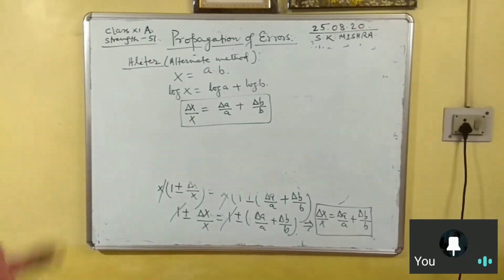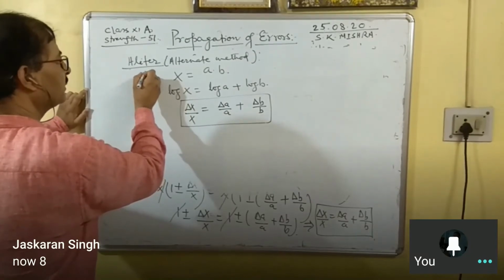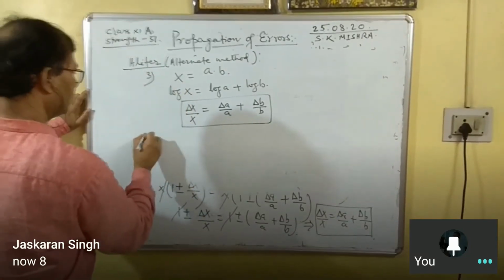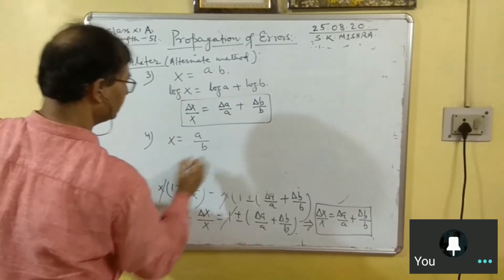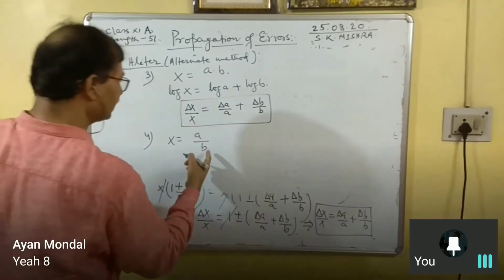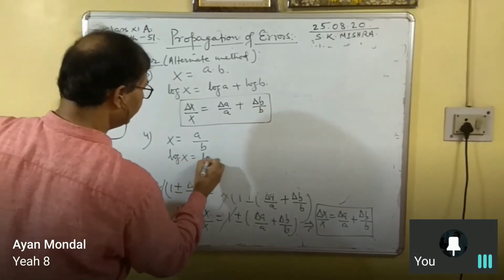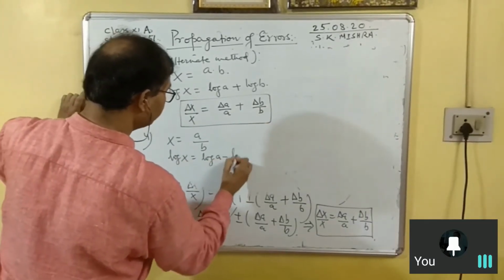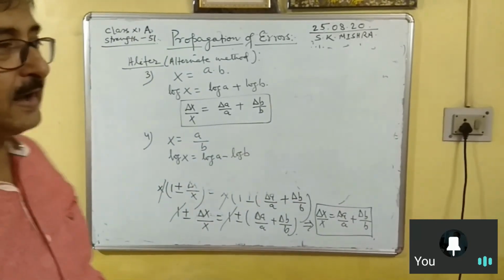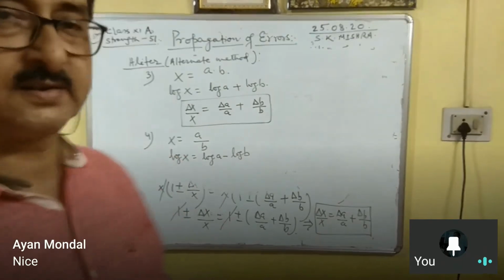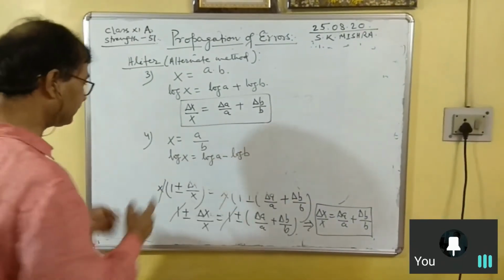In a similar way, this was 3, no? Yeah, it was 3. And the fourth one was X is equal to A by B. So then again we are taking log. So log X is log A minus log B. If it is A by B, then after taking log it will be minus. Now we are going to differentiate it.